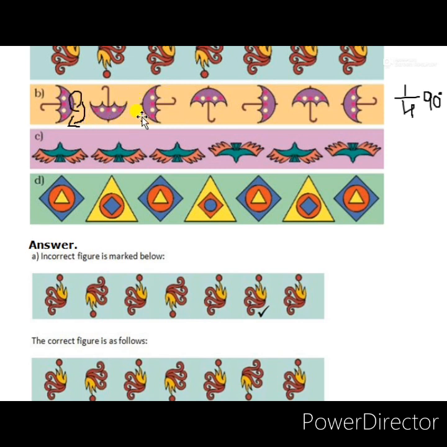Again 90 degrees means 360. With 1/4 turns, any object will take the original position at the fourth turn. Every 1/4 turn, the fourth turn will show the original position of the object.